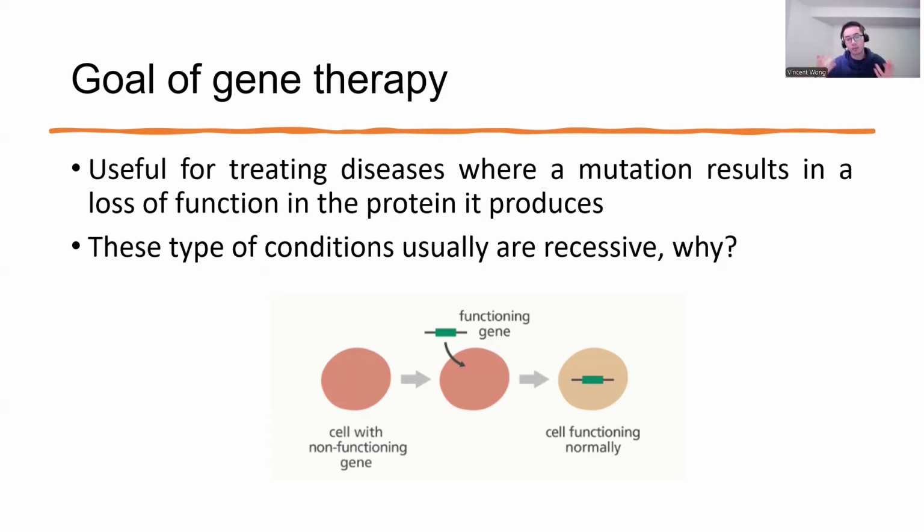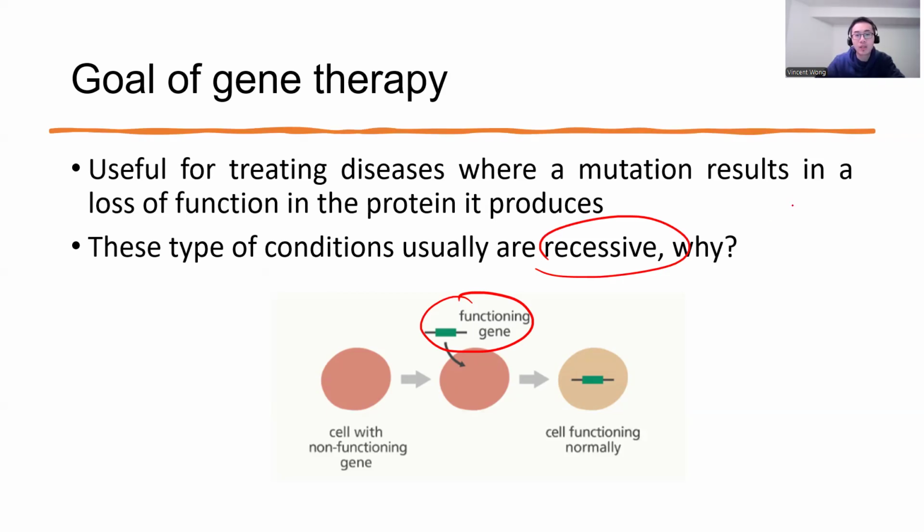The protein is created, but it's not doing its job, or only half of it is created because we have a nonsense mutation. So the logical thing to do here is to deliver a functioning gene, and as soon as the functioning gene goes into the cell, you will start producing the normal protein, and then whatever symptoms you were experiencing should go away.